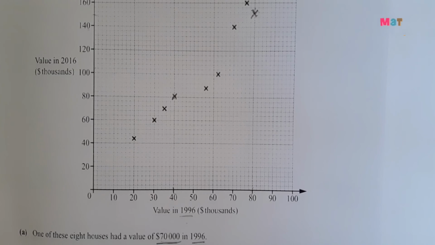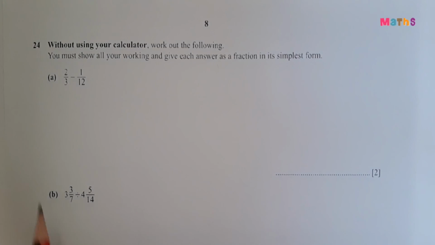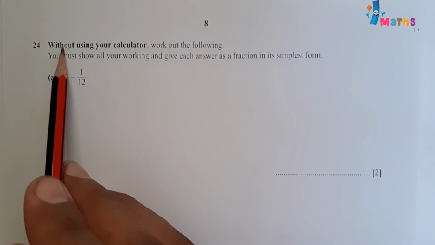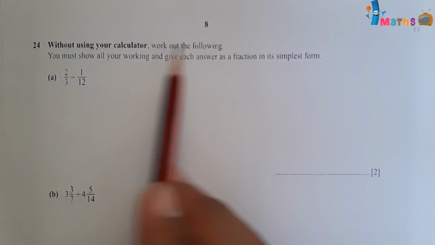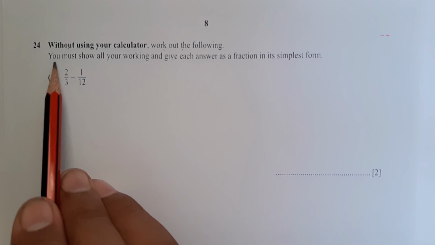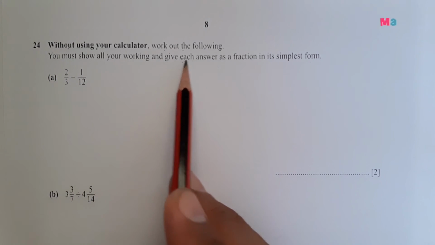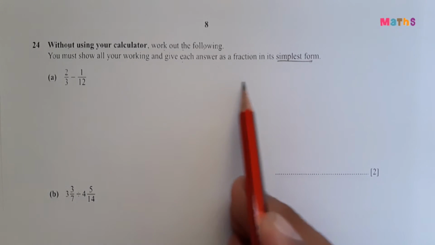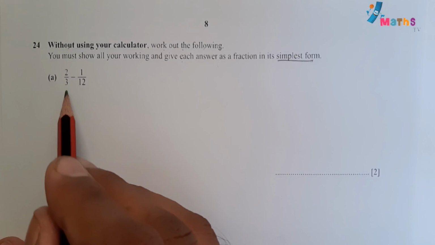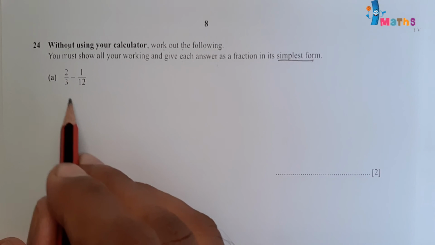Then question number 24, without using your calculator, work out the following. You must show all your working and give each answer as a fraction in its simplest form. We can use the equalization of denominators method.